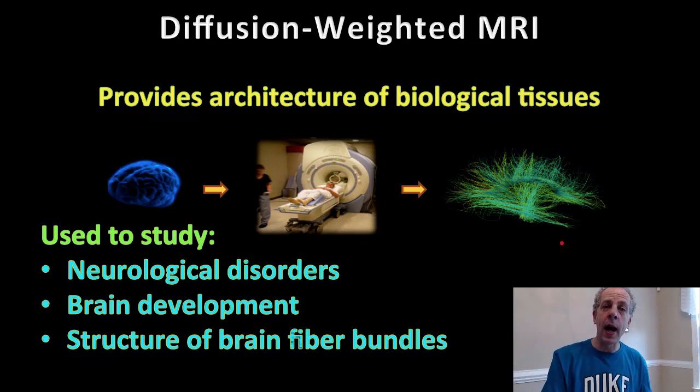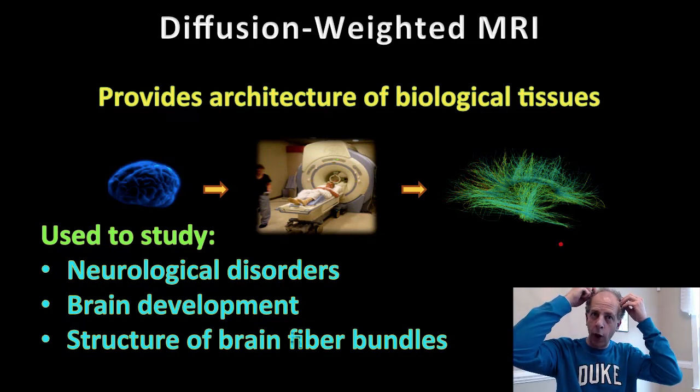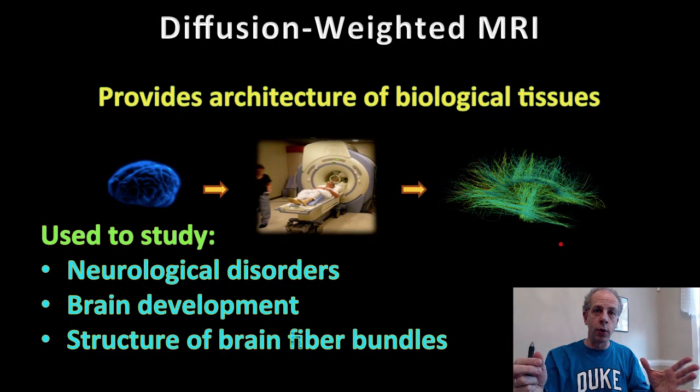And what we're going to get out is measurements about the brain connectivity. How is a given region in the brain connected to a different region in the brain? Something very cool. How is this connected to this? Is it connected at all, for example? That's what we're trying to do with diffusion-weighted imaging.